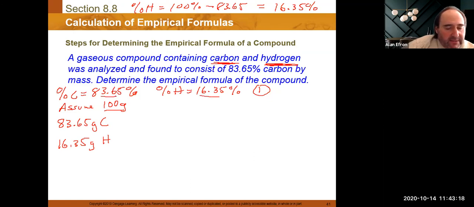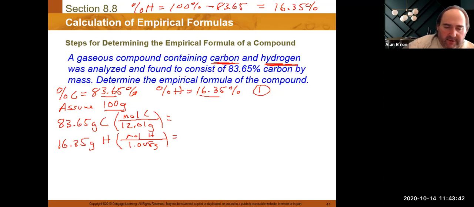So again, assuming 100 grams keeps the numbers the same. And now we could do the next step, which is we want to convert these grams into moles. So we're going to use the molar mass from the periodic table like we did in those previous calculations. Carbon is 12.01 grams per mole. Hydrogen from the periodic table is 1.008 grams per mole.